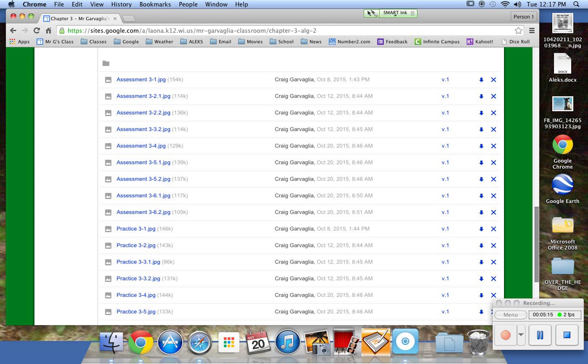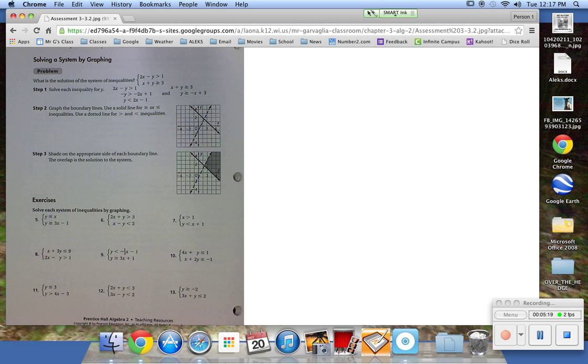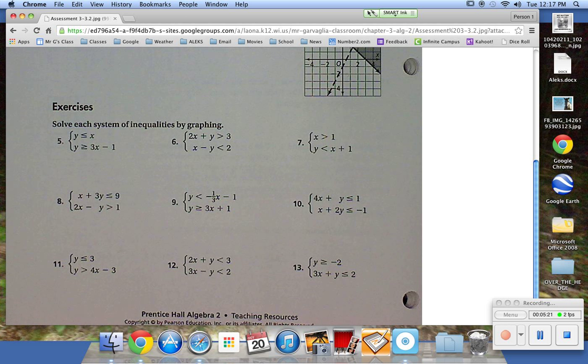Let's take a look at this assessment right here. I want you to do, for this assessment, just the odds. So do 5 through 13 odds for this assessment. And that should take care of it.